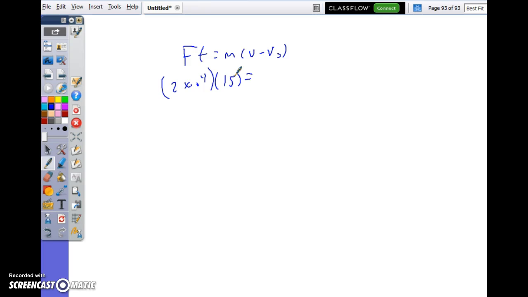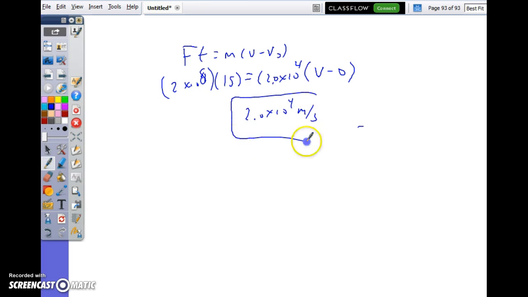Mass of the rocket, 2 times 10 to the 4th. Final velocity, don't know. Initial velocity, rest. I got something wrong here. Force is 1.5 times 10 to the 8th.